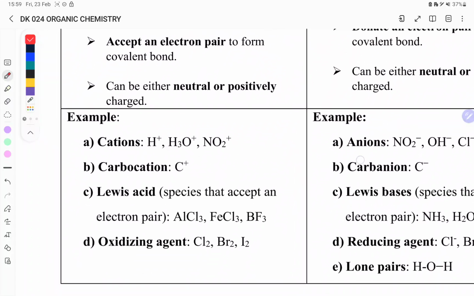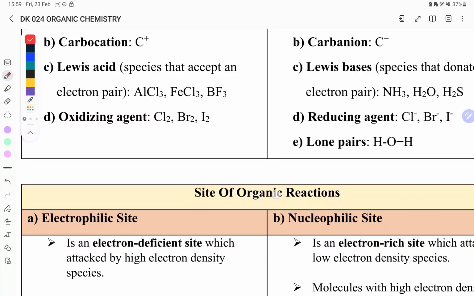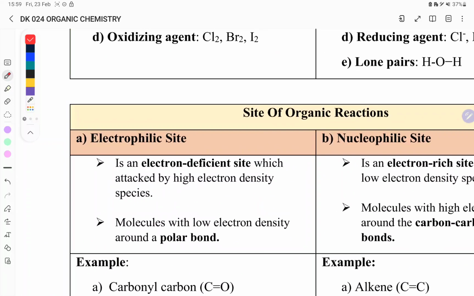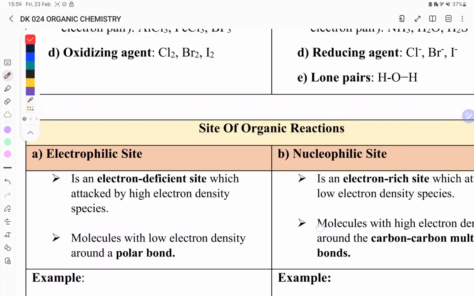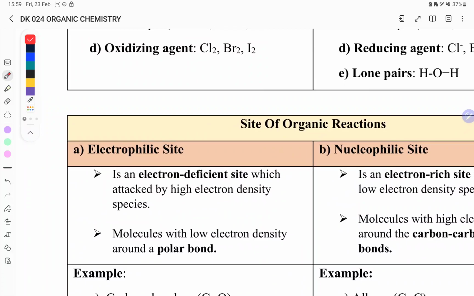Okay, these are some of the example, but I don't want to focus on the example just yet. Let's have a look at the other one, which is what we call as electrophilic site and nucleophilic site. Kalau tadi electrophile dia suka elektron. Itu merujuk kepada compound itu secara keseluruhan.